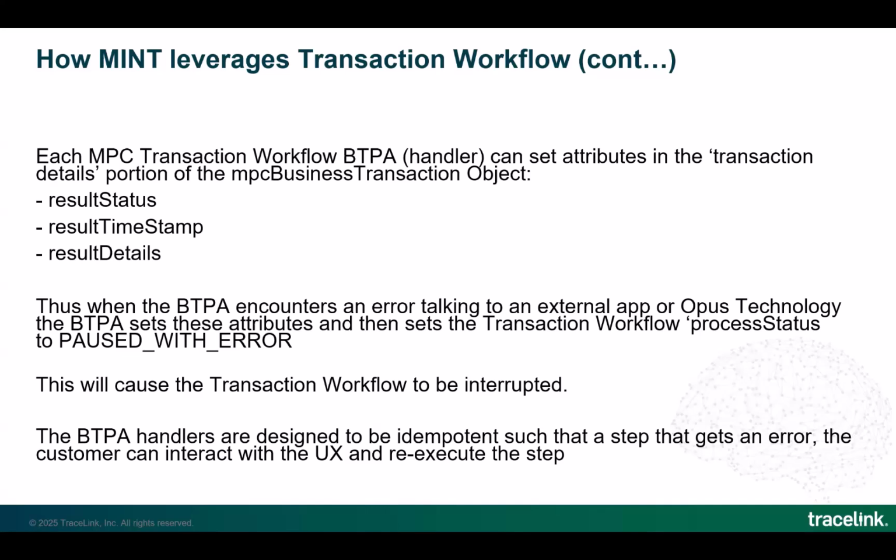If that error occurs, the transaction workflow runtime system will pause the transaction and return the error message from that particular stage, and the rest of the stages will not be executed. So for example, if there is an error at the prepare inbound stage, the transaction workflow runtime will return that error, the transaction will be paused, and it will not go to the other stages, right?